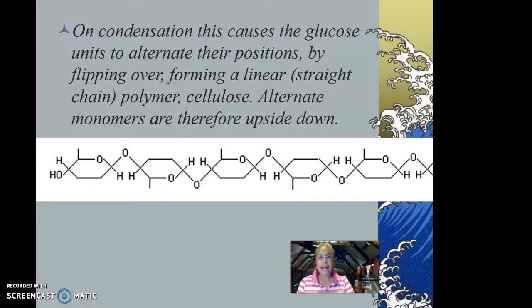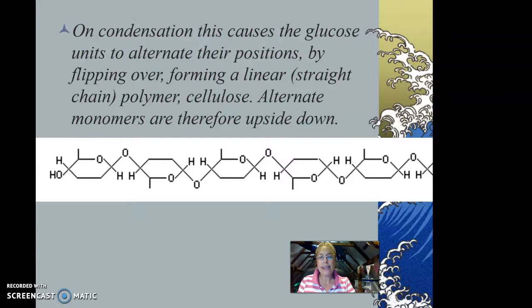Okay, now, so it says over here, on condensation, so as the water is removed from the hydroxide and the hydrogen, the glucose units alternate their positions by flipping over, forming a straight chain.